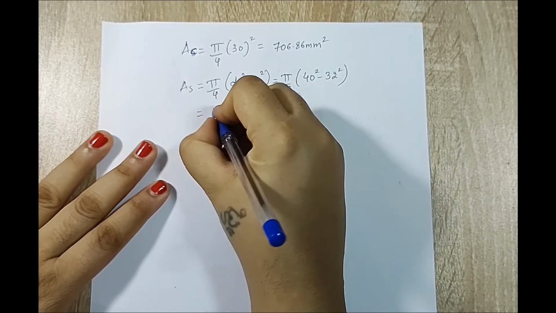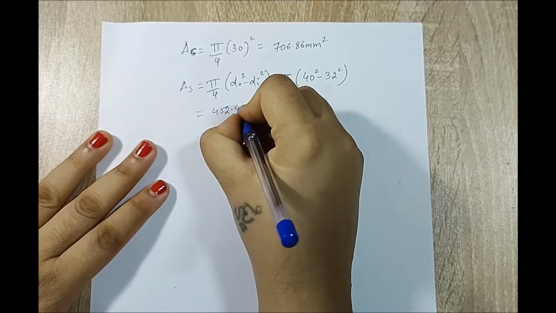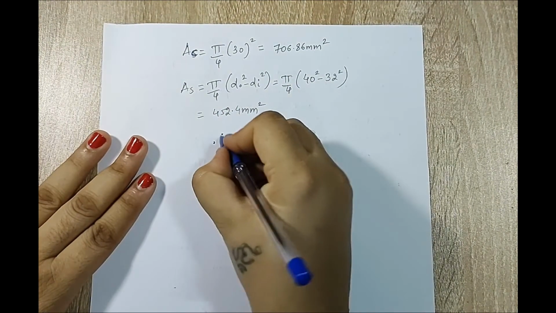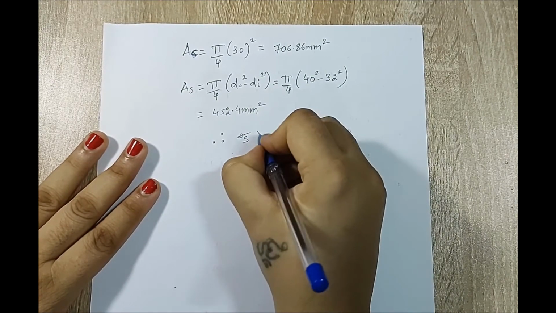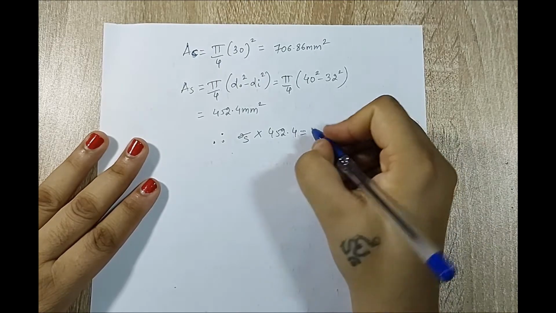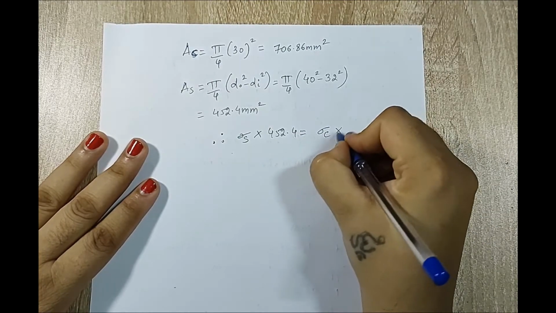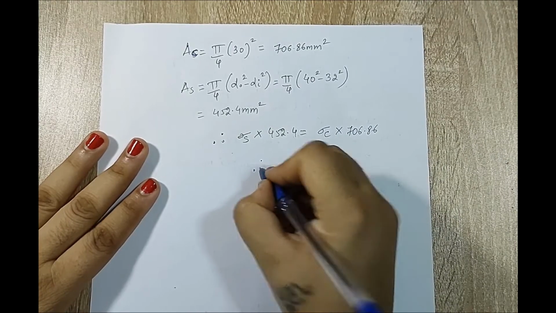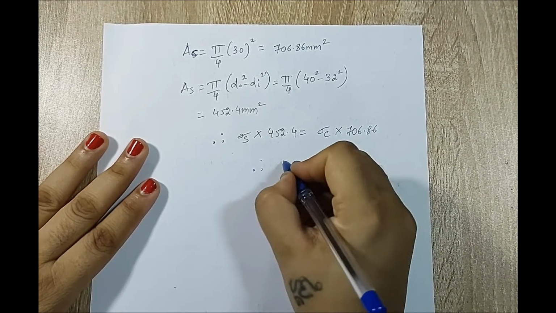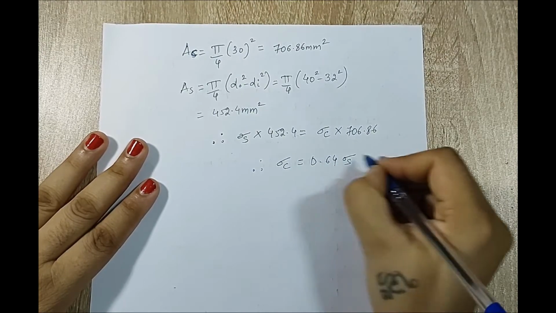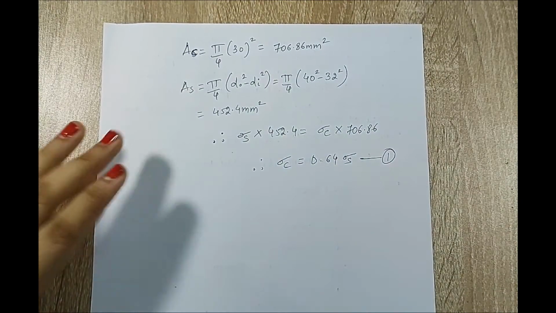I get the answer as 452.4 mm square. So therefore I can write sigma S into AS, which is 452.4, is equal to sigma C into AC, 706.86. So therefore sigma C is 0.64 times sigma S. This is one equation that I find.